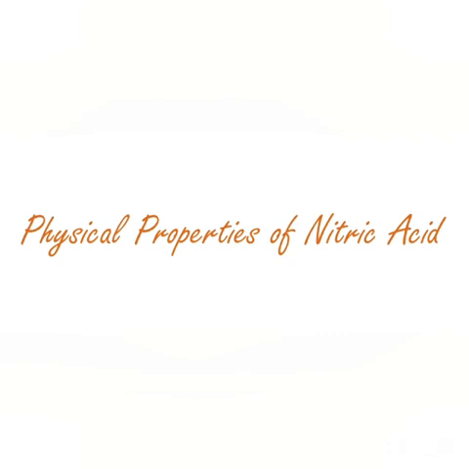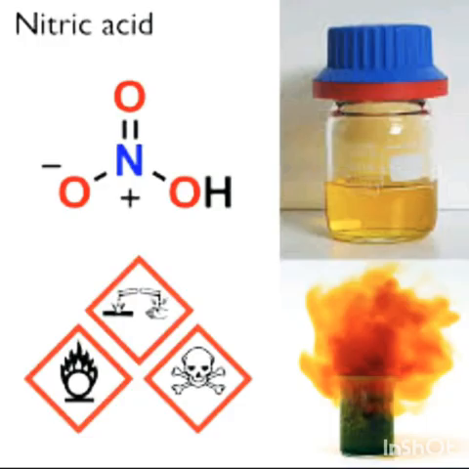Now we come to the physical properties of nitric acid. Pure nitric acid is a colorless fuming liquid with a pungent smell. Pure or impure acid on standing acquires a yellow color because of presence of dissolved oxides of nitrogen, mainly nitrogen dioxide.